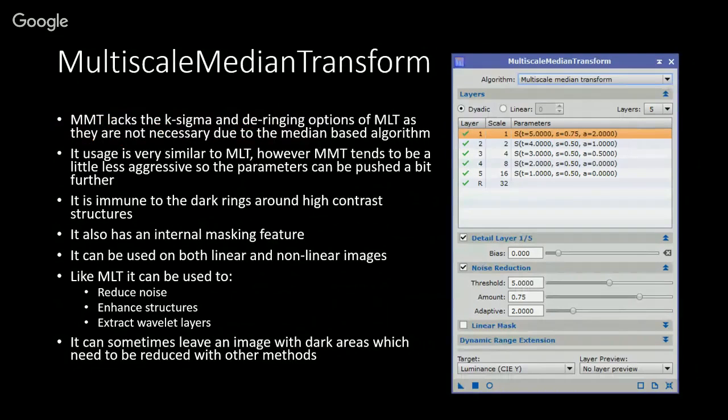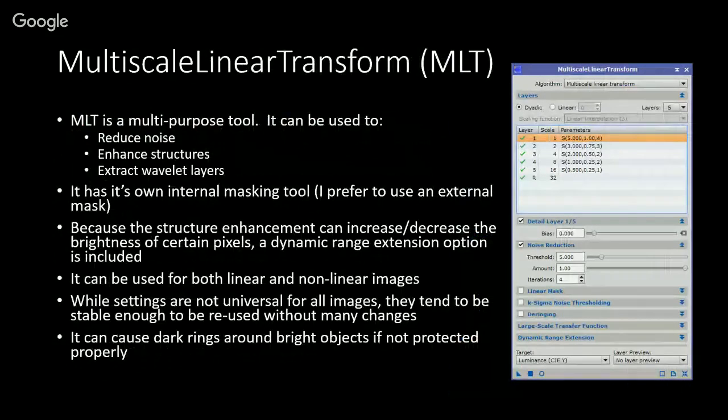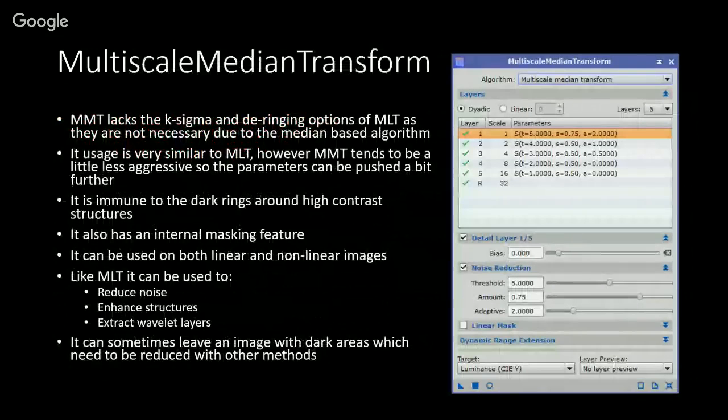So multiscale median transform, you'll notice that there are quite a few similarities between MLT and MMT. They look almost identical. There's a few minor differences. For example, MMT lacks the K-sigma and de-ringing options of MLT. This is because the median transform doesn't cause ringing, right?